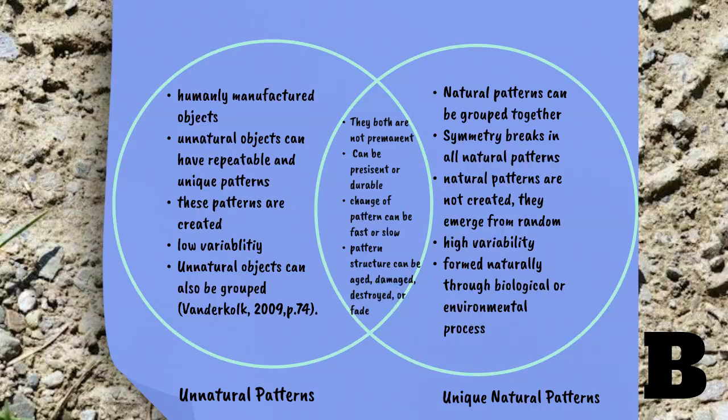Like we were saying in the previous slide, you may be looking at a fingerprint and the pattern can be destroyed, or it could have a smudge on it. That's what we mean by the change of the pattern being fast or slow. It really depends.